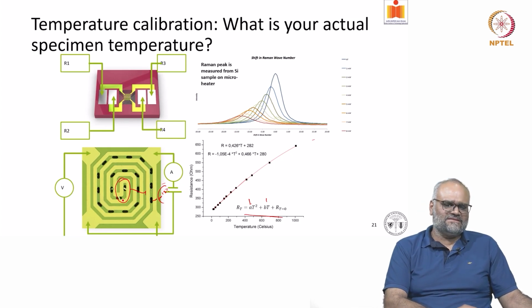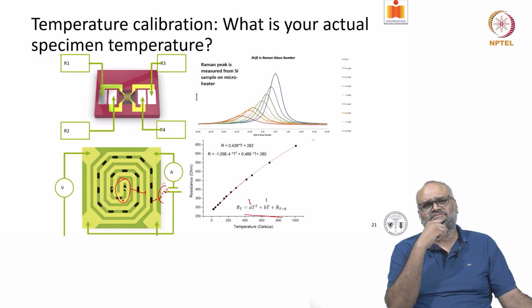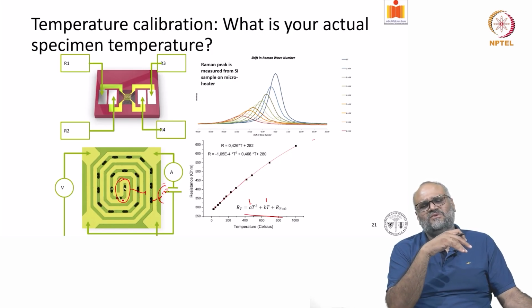So this is an example of a MEMS based heating system, and this will give you an idea that you can use the transmission electron microscope to run some real-time experiments.